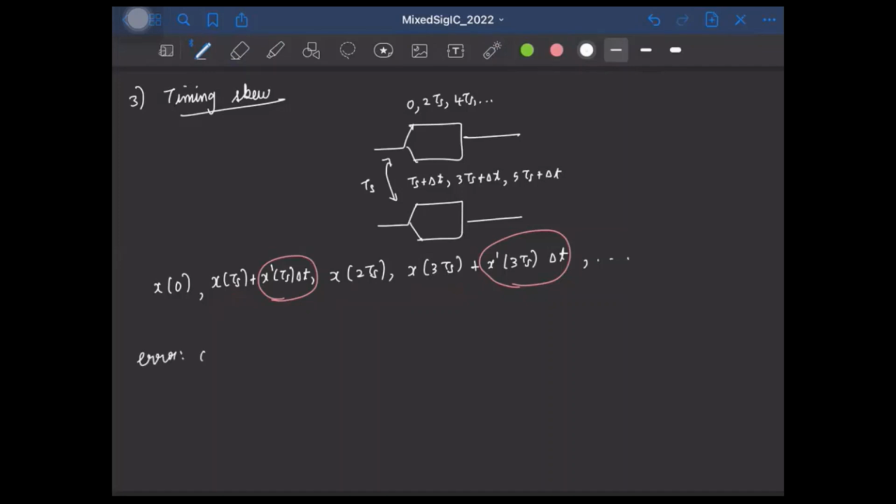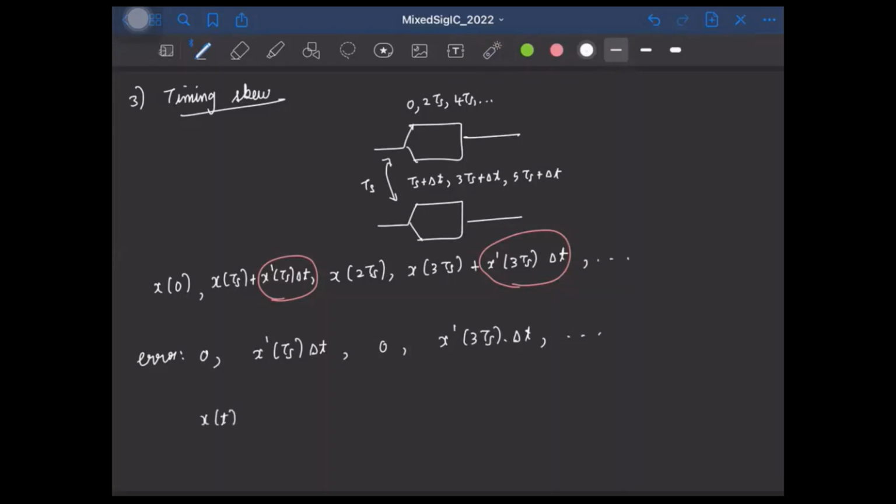that's going to look like this. It is 0, x dash of TS times delta T, 0, x dash of 3 TS times delta T, and so on, right? And we can see that this can be modeled as follows.